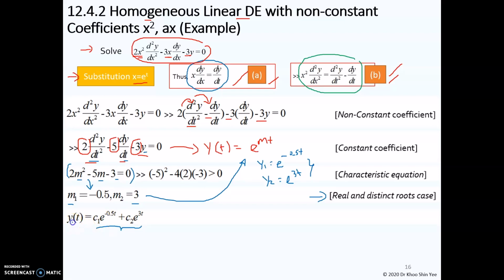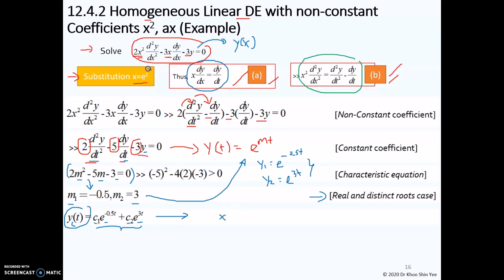So you obtain your complementary solution equal to c1 multiplied with y1 plus c2 multiplied with y2. You see the solution that you obtain here is y in terms of t, but the original problem here, we are going to find y with respect to x.